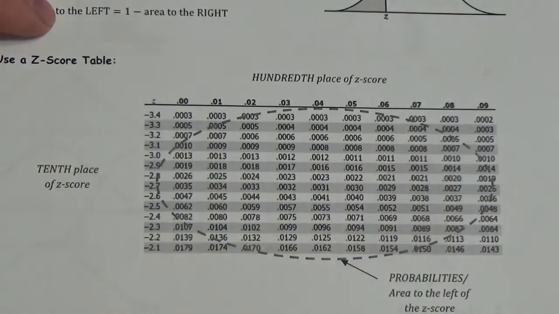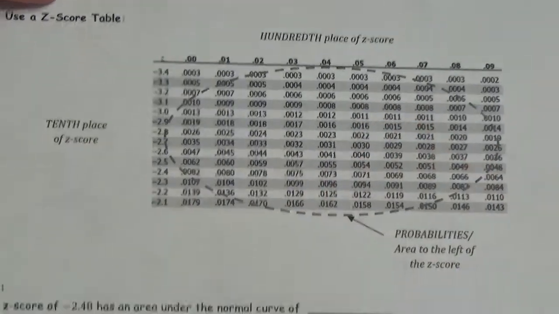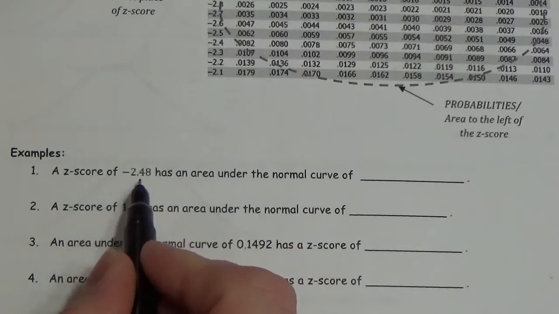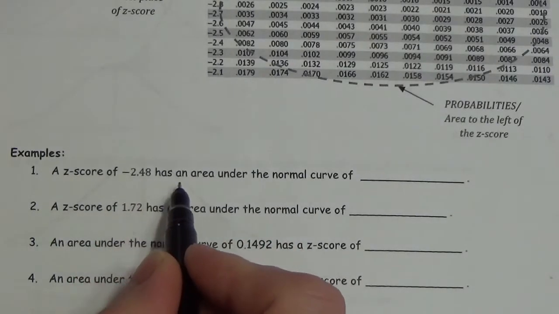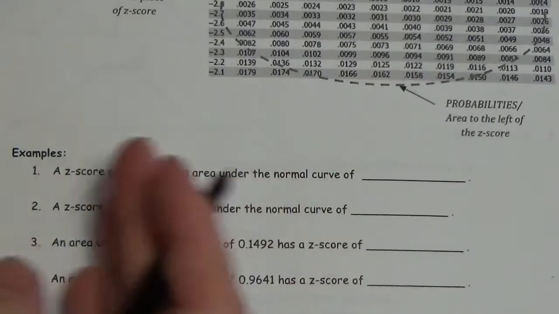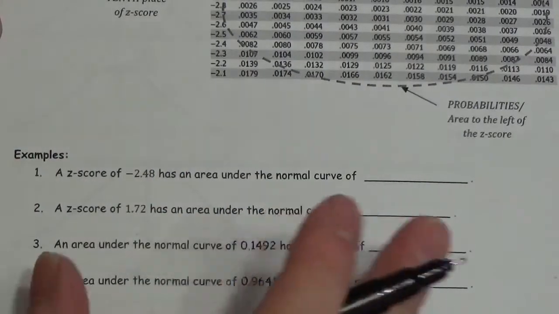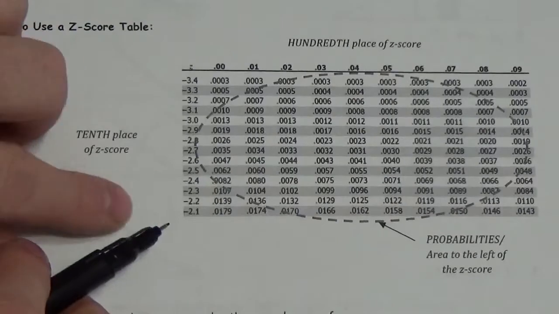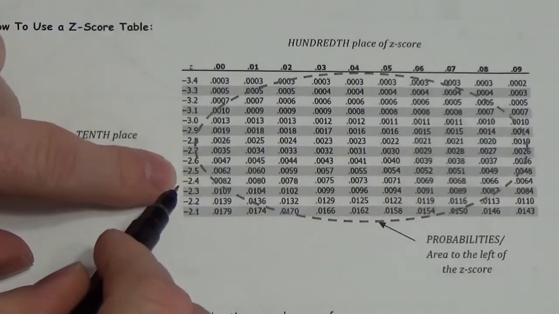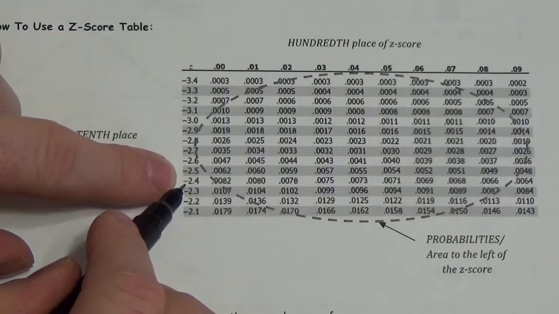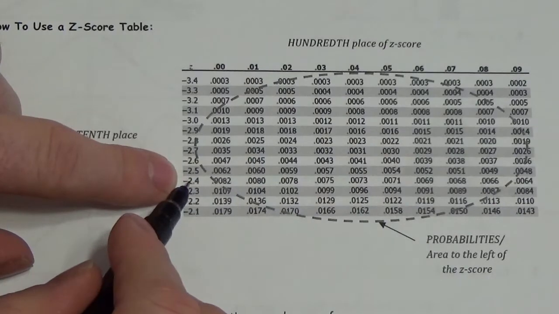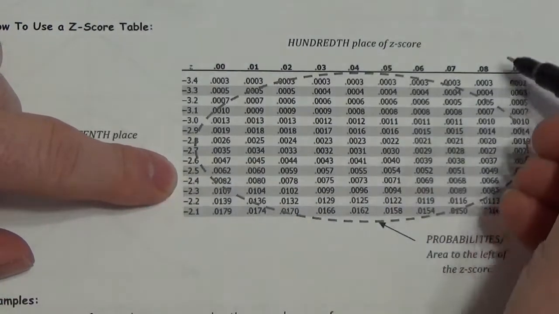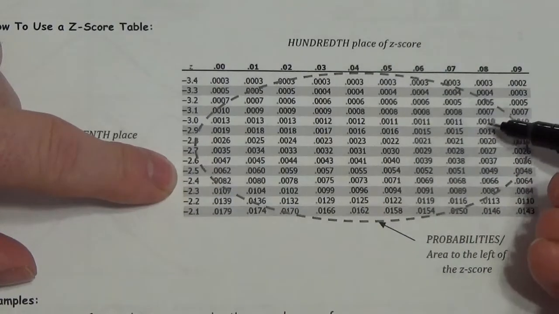I'll come down here and start answering the questions and refer back to this. For example, if I know that a Z-score is negative 2.48, what is the area under the curve to the left of that? Here's how I use this: I look along here, negative 2.4, so that's right here. Then I go along until I get to 0.08, which is this second last column.